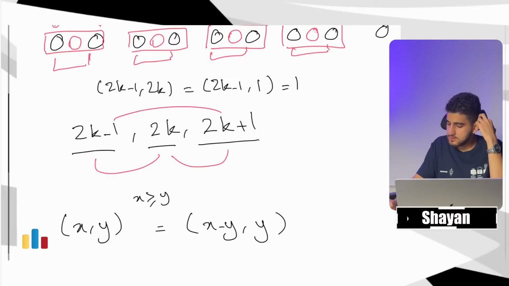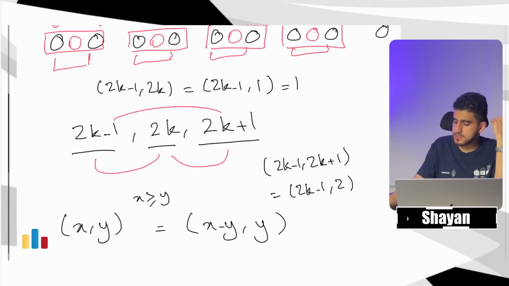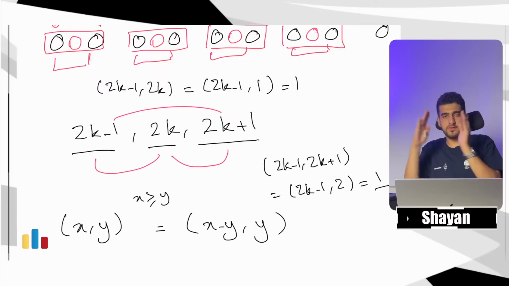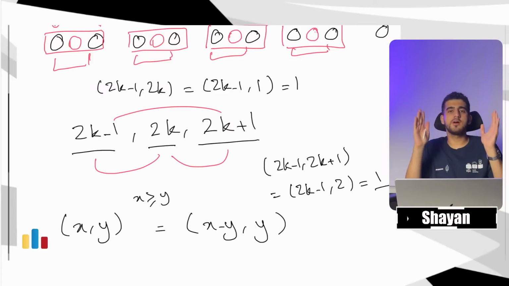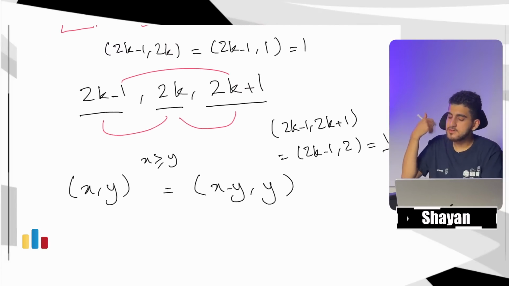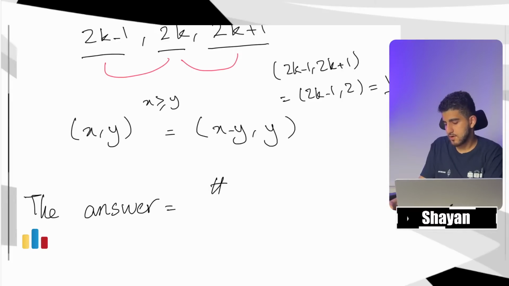And GCD of these 2 is also 1, because it's GCD of 2k minus 1 and 2k plus 1, which is equal to GCD of 2k minus 1 and 2, and because 2k minus 1 is an odd number, this is 1. So when you choose 3 consecutive numbers and the middle one is even, the GCD of each 2 of these 3 numbers is 1. Therefore, the answer really is the number of odd numbers divided by 2.